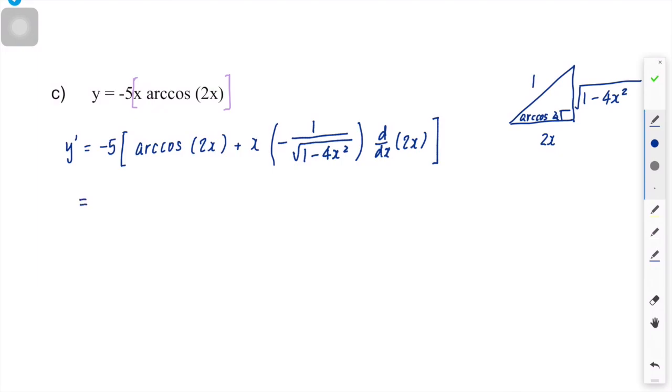Like that. Expanding, this gives me -5 arccos of 2x. And let's see, I have -5 times a negative in the second term, so it turns positive. Derivative of 2x is 2 times 5 is 10x, and then over the square root of 1 minus 4x squared. Looks good.